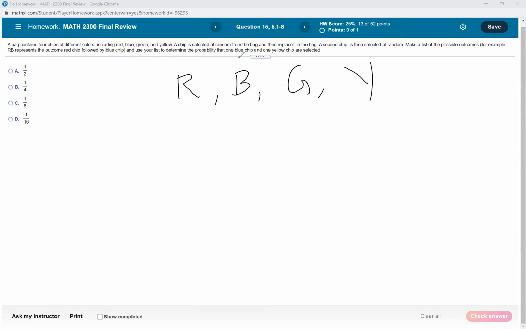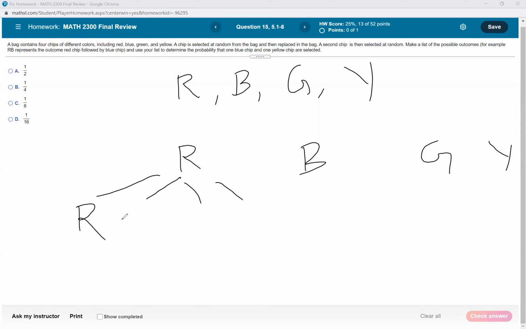So first we'll select one randomly, any one of them. We can select R, or this one, or this one, right? So for this one, how many options do we have for the second one? Since we replaced it, we again have 4 chips, and we can select R, B, or this one.